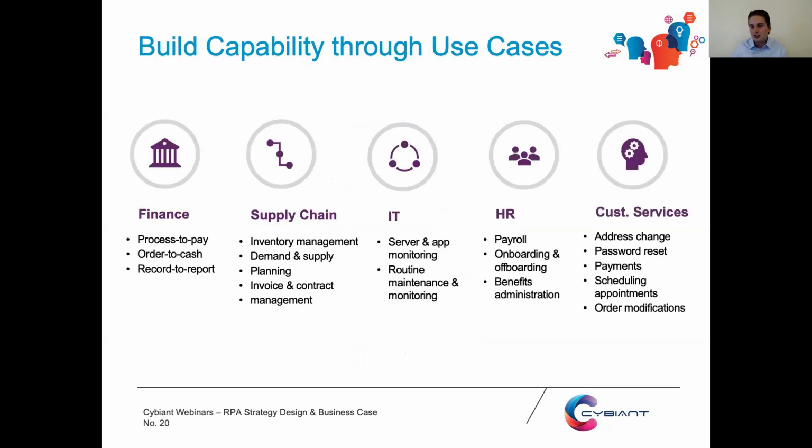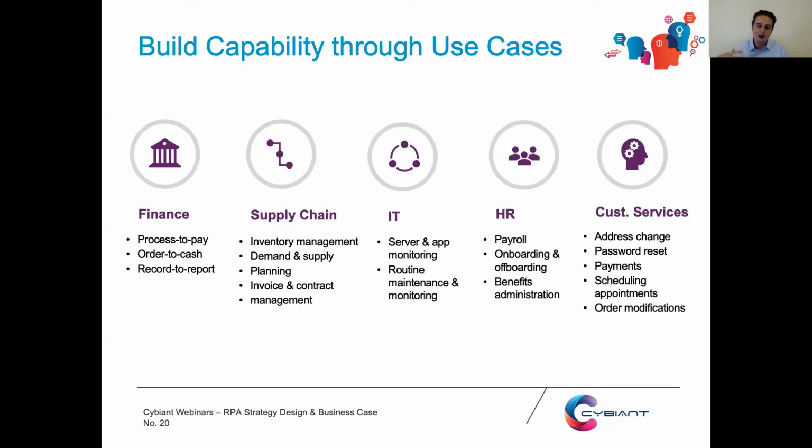Those use cases are coming from all of the different aspects that we've seen before. And these use cases can be very practical. So for instance, within finance, you can think about process to pay kind of processes, or record to report. In supply chain management, you can use these use cases for inventory management, invoicing, contract management, planning.